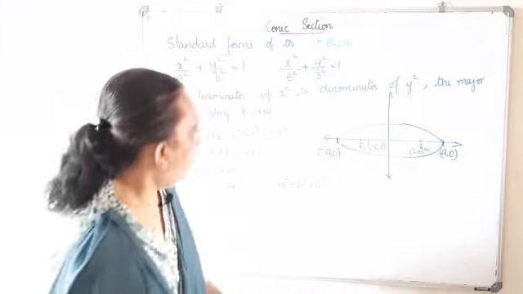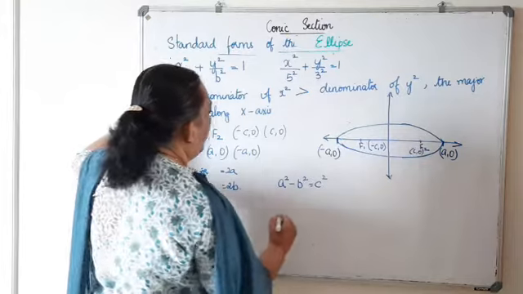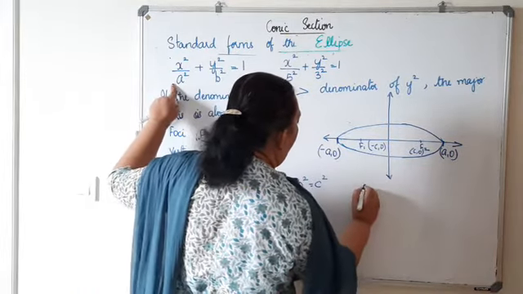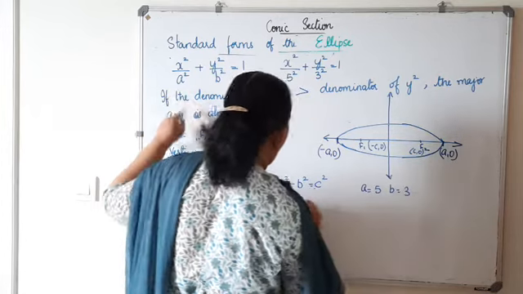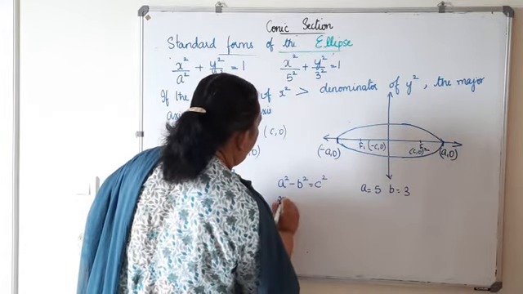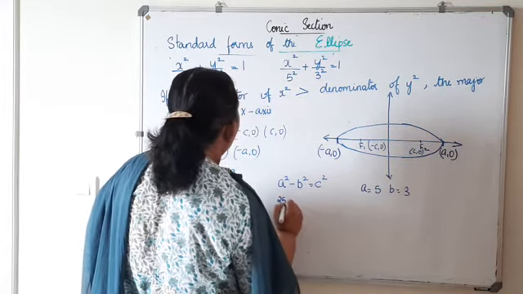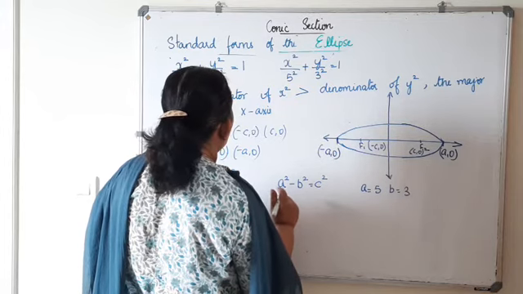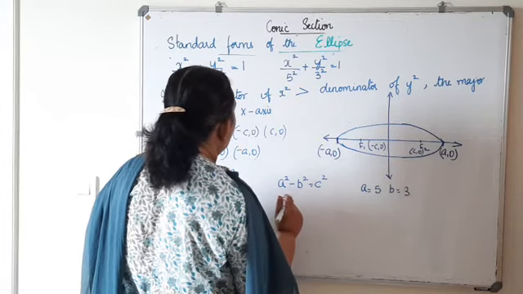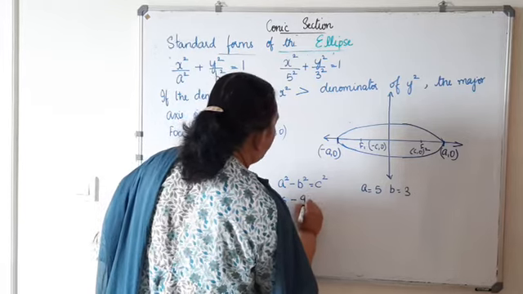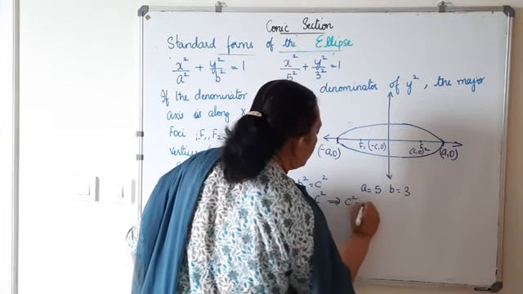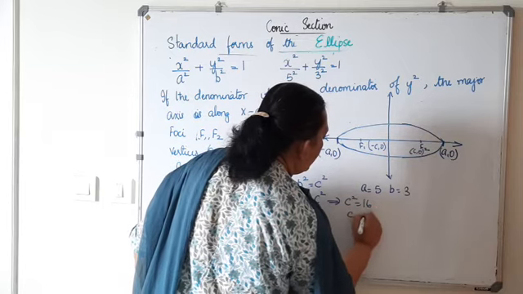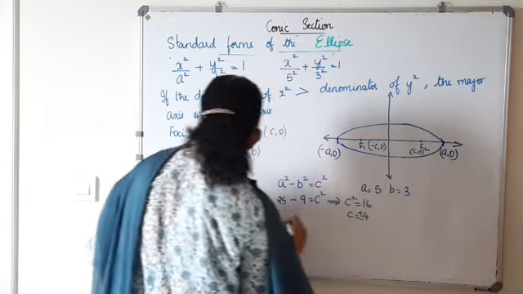Now let us see. Here a is equal to 5, b is equal to 3. 25 minus 9 is equal to c squared, which means c squared is equal to 16, c is equal to plus or minus 4.